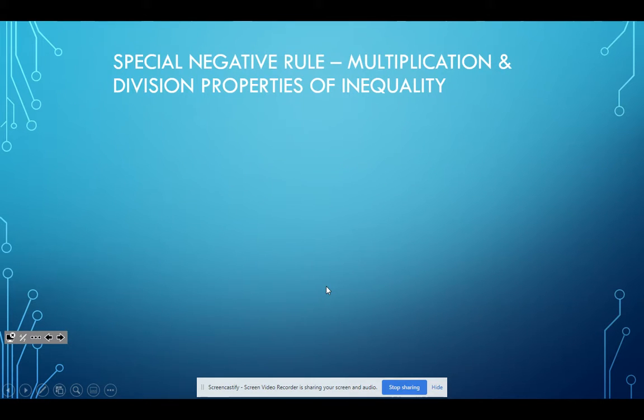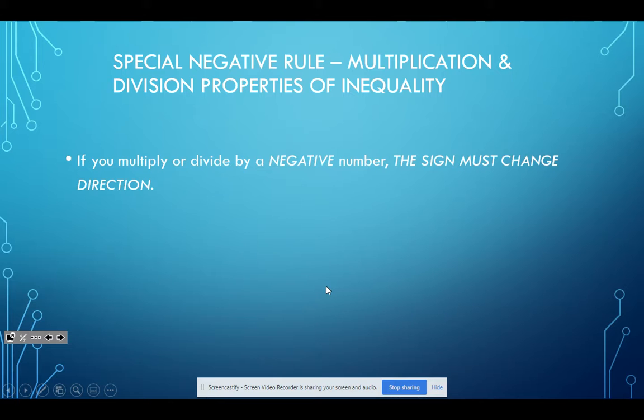There are some special negative rules for the multiplication and division property of inequality. If you multiply or divide by a negative number only, your inequality sign must flip and change direction. Here's an example of what I'm talking about. Negative 3x is greater than 12.